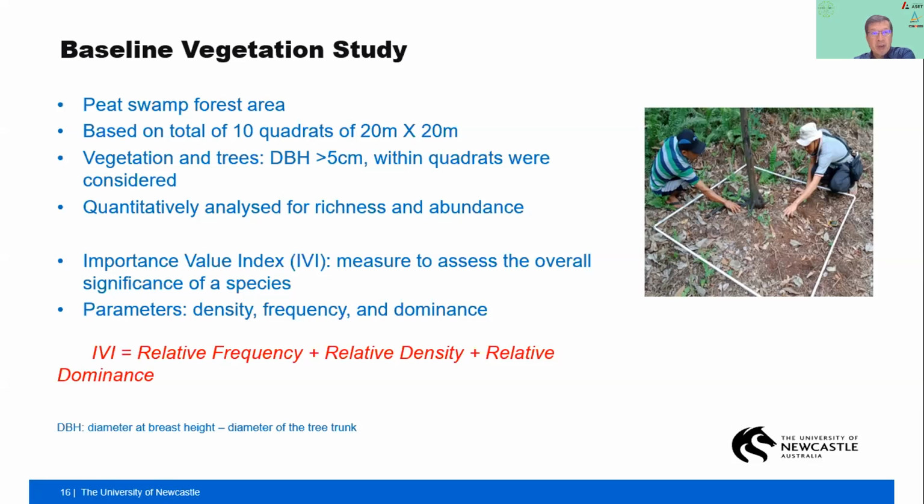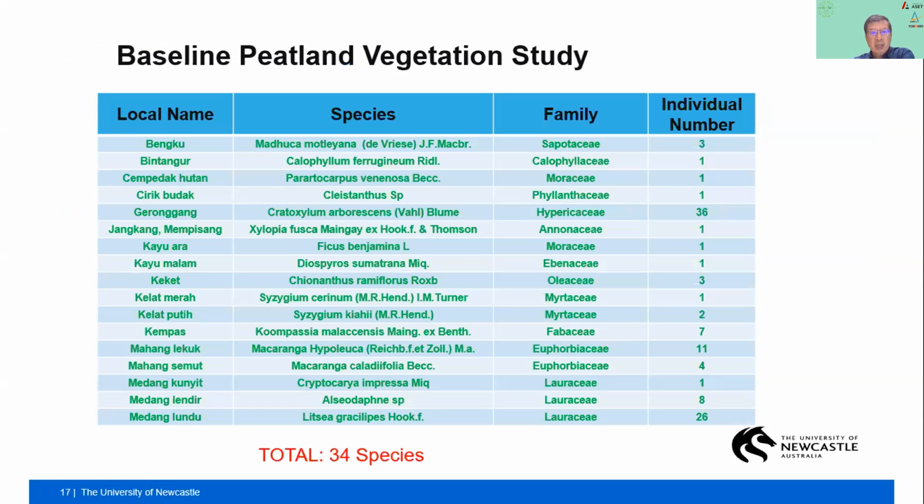If you're familiar with vegetation studies, we're looking at the importance value index. It measures the overall significance of a species, and the parameters are density, frequency, and dominance. So we did that, and we are able to get at least about 34 species. We can see the local names, the scientific name, the family, the numbers that we found.